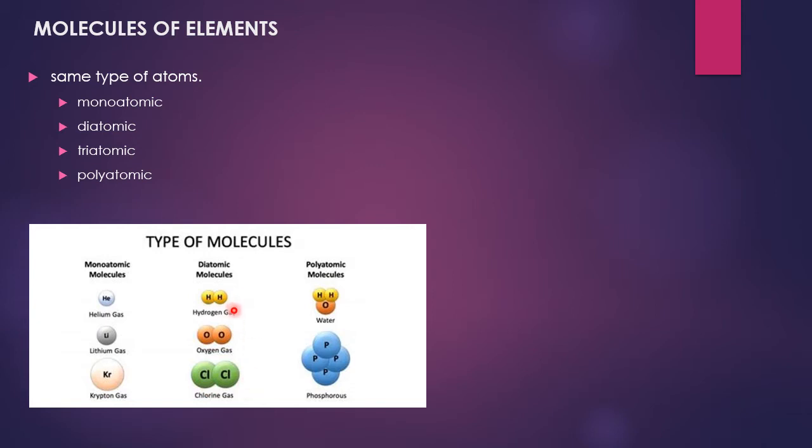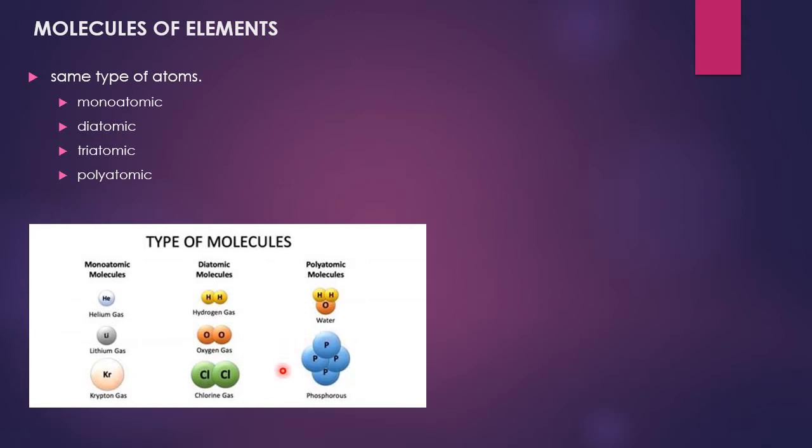Molecule of hydrogen has 2 atoms of hydrogen. That is why it is a diatomic molecule. In the same manner, molecule of oxygen also has 2 atoms of oxygen. So that is a diatomic molecule. Molecule of chlorine also has 2 atoms of chlorine, and that is also a diatomic molecule.